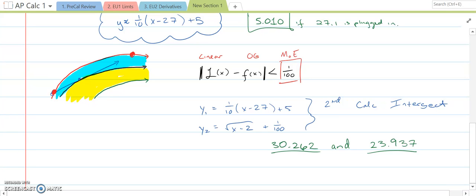Those essentially are telling me that anything within those two boundaries is going to be a pretty decent estimation if I just use my linear approximation function instead. And that's a pretty cool idea, is that you can get close enough using a linear function if you've zoomed your graph all the way in. I wish I had the ability to just screen capture what I was able to do on my calculator in solving that, but my license expired, so I don't have that capability right now.